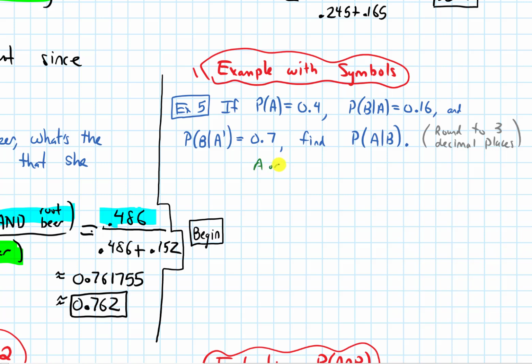So I'm going to put A or not first. When we begin, either A happens or A complement happens. In other words, A does not happen. And then after that, does B happen or not? And then we could talk about the outcomes, and finally write the probability.